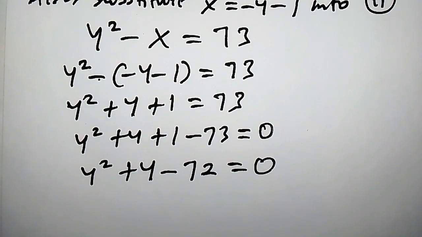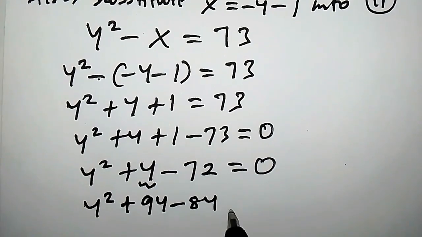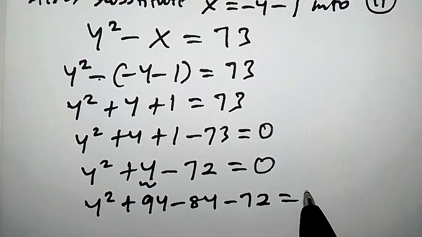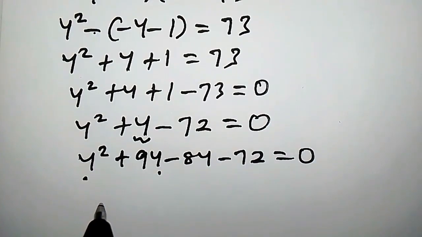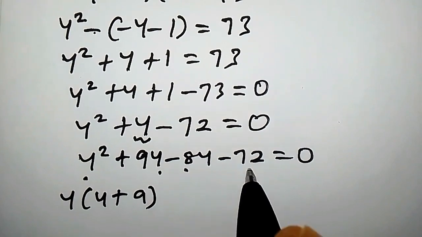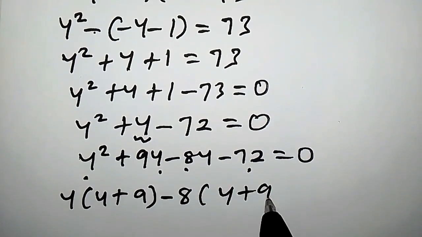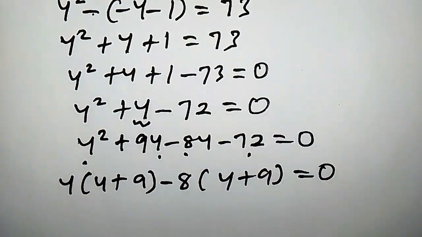You will observe that this quadratic equation is factorizable. So let's factorize it. Y square plus y minus 72 could be written as y square plus 9y minus 8y minus 72 equal to 0. Y is the common term here. If we pull it out, we have y into y plus 9. We can also pull out minus 8 from these two, so that will be minus 8 into y plus 9 equal to 0.